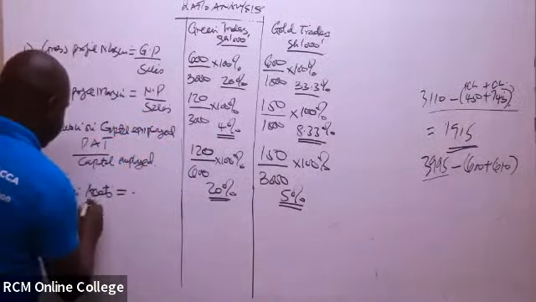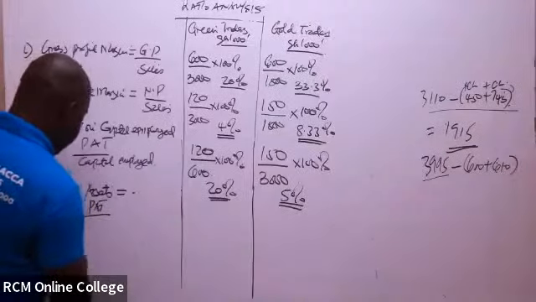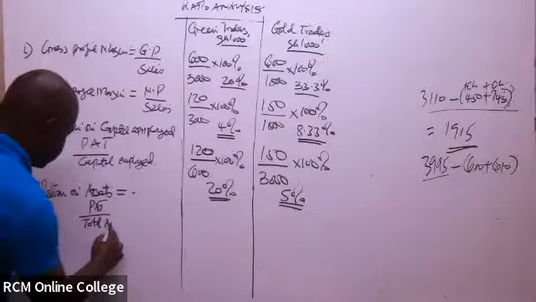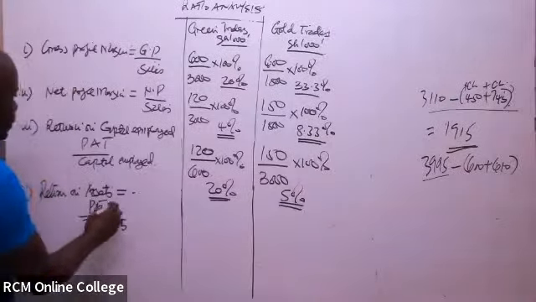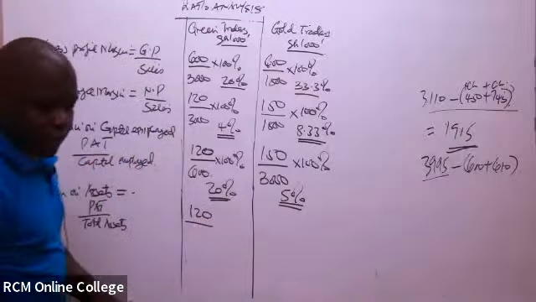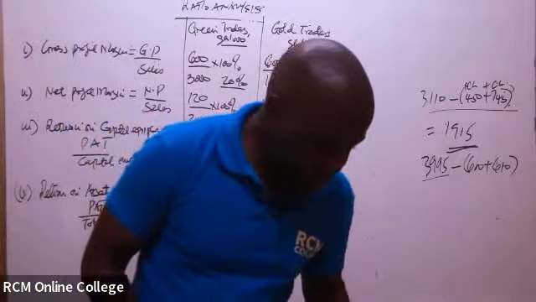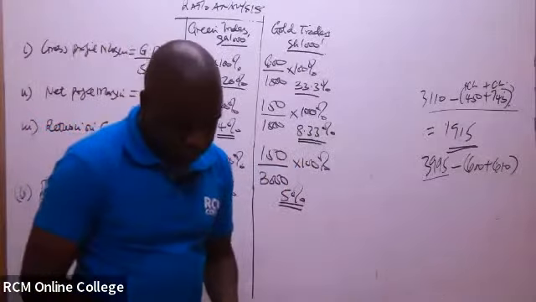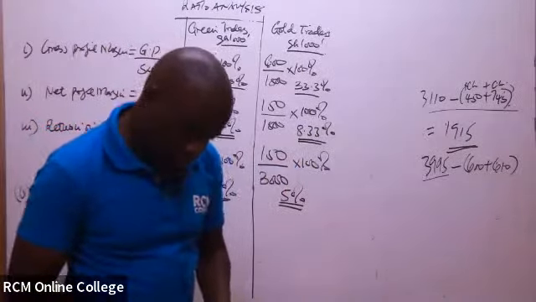So it will be part, or earnings after tax, or you can say profit after tax, then over the total assets. So of course, in this case, the part here is 120. The figure for total assets, you look at the statement of financial position, it is 966.